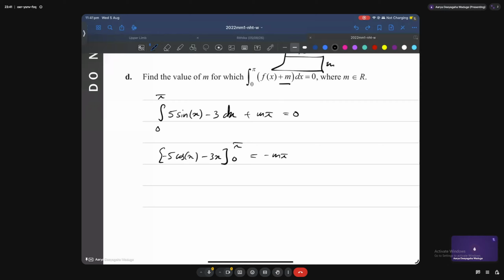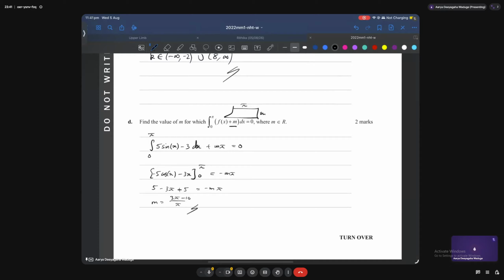When you sub in cos of pi, we're going to get negative 1, so that's going to be 5 minus 3 pi. And then minus, when you sub in 0, that's going to be 1, so when you subtract negative 5, it's going to be plus another 5, is equal to negative m pi. So that's going to be 10. Yep, something along these lines. Okay, hopefully that's correct.